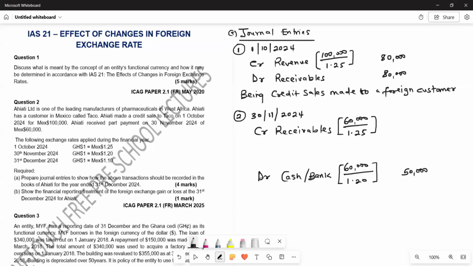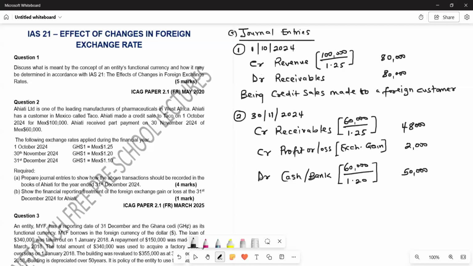So the difference is at the credit side. Is it a gain or loss? It's an exchange gain. Of how much? Of 2,000.